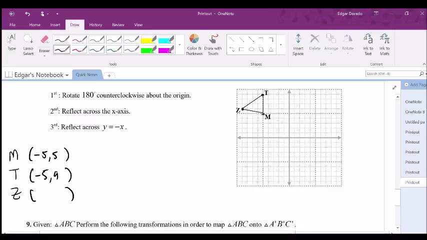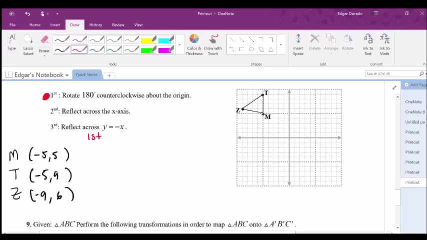And finally Z, which is negative 9, comma 6. Okay, so the first thing that we are going to do, go ahead and do this in red. First thing we're going to go ahead and rotate it 180 degrees.